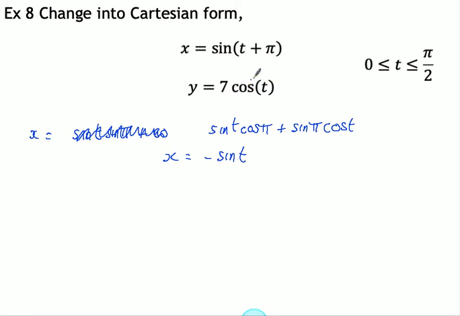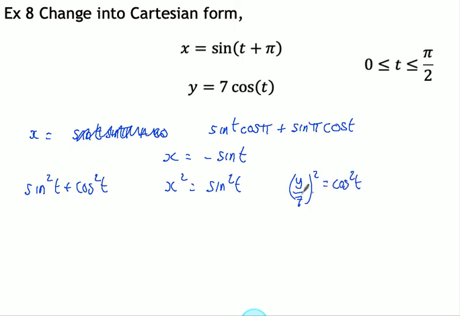However, I now have something written in terms of sine, something written in terms of cosine. I can use the Pythagorean identity. Okay, so x squared is equal to sine squared t. -1 multiplied by -1 is +1, and y over 7 squared equals cos squared t.